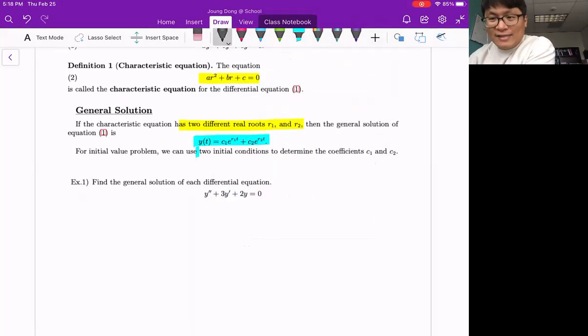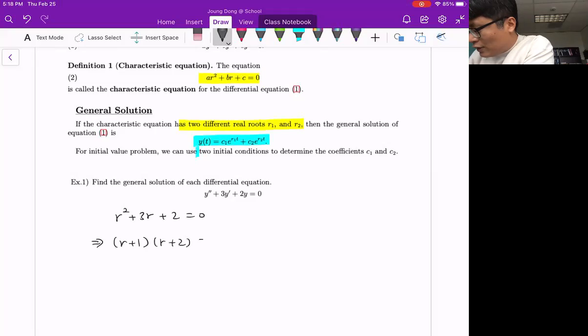Look at that. That is exactly a homogeneous second order linear differential equation with constant coefficients. Then we use the characteristic equation, which is r squared plus 3r plus 2 equal to 0. It is easy to factor, right? It is (r plus 1)(r plus 2) equal to 0.